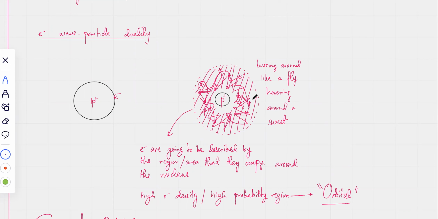A better representation is to describe it with a region where you're able to find that electron. Electrons are described by the region or area that they occupy around the nucleus. That's known as a high probability region. If somebody asks where's the electron, you can tell them it's somewhere in this area. You're not sure because it's moving so quickly that to an outside observer, it appears to be everywhere.